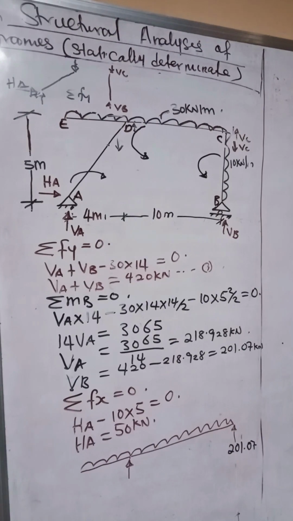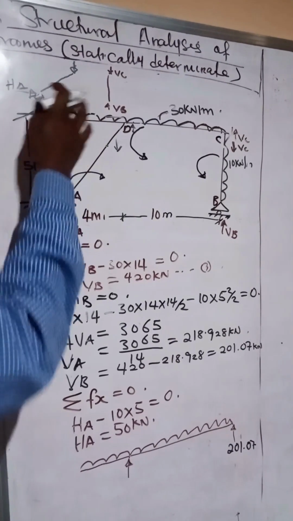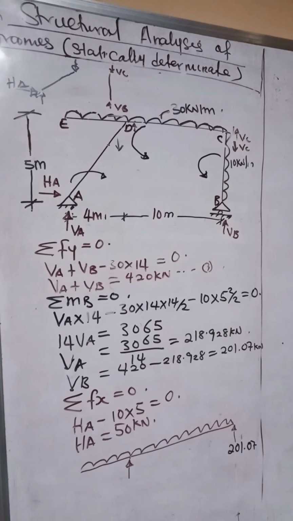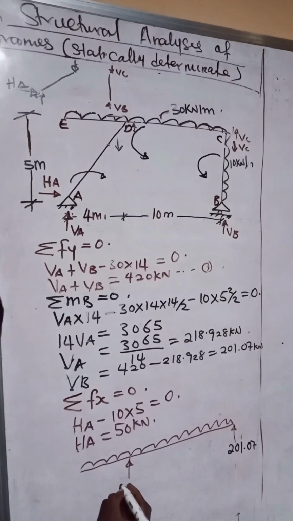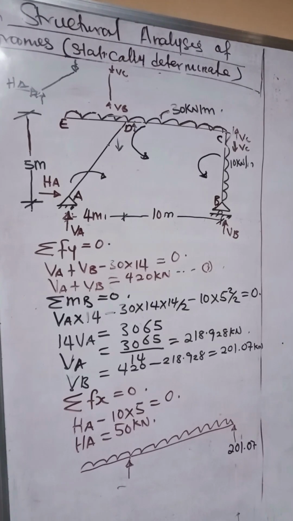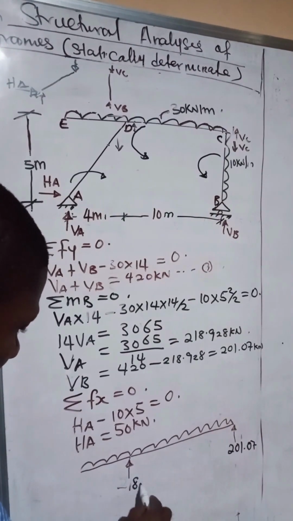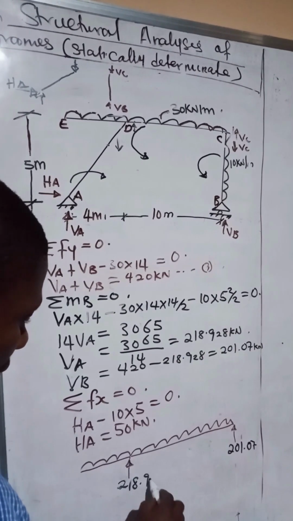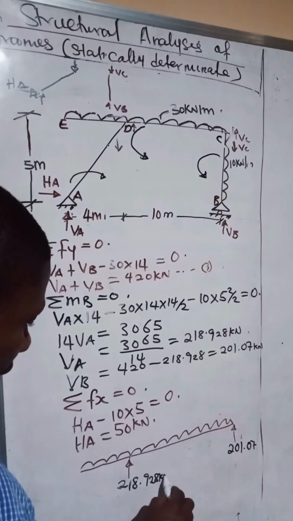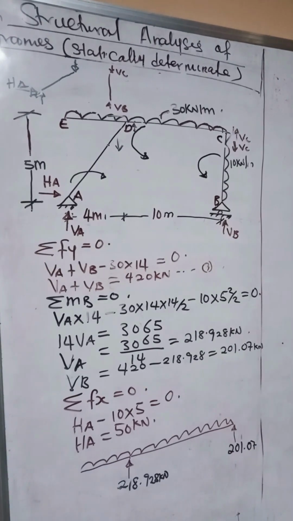So we may not need to work on that. So what it means is here becomes 218.928 kilonewtons. So this is the first part of the beam.